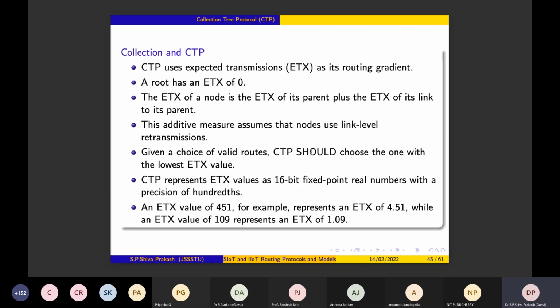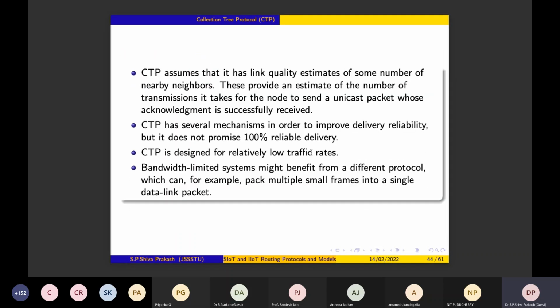Given a choice of valid routes, CTP should choose the one with the lowest ETX value. CTP represents ETX values as 16-bit fixed point real numbers with a precision of hundredths. An ETX value of 451, for example, represents an ETX of 4.51, while an ETX value of 109 represents an ETX of 1.09.